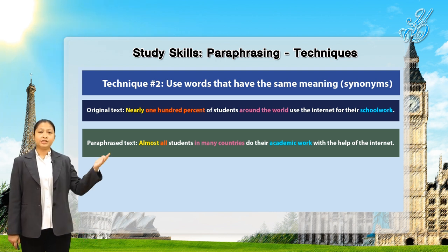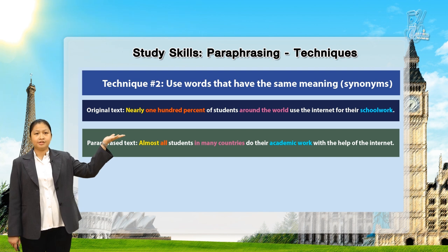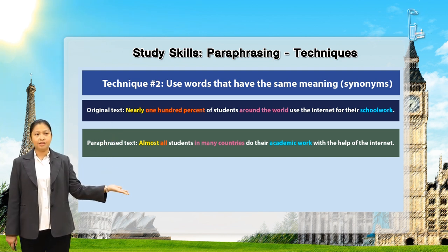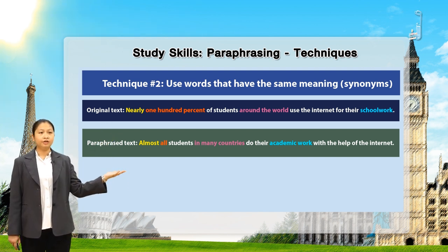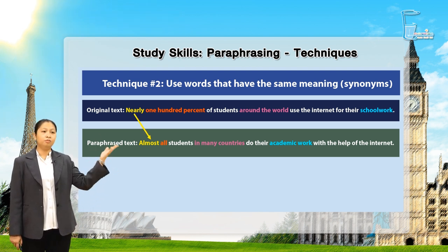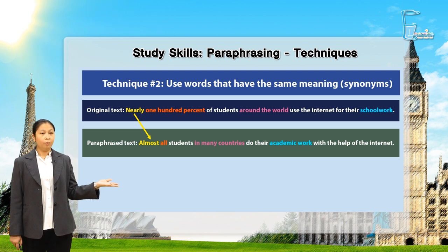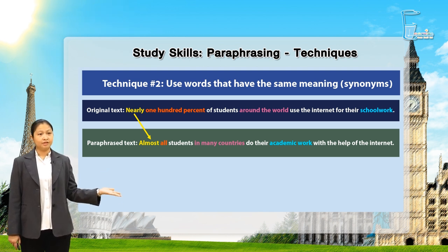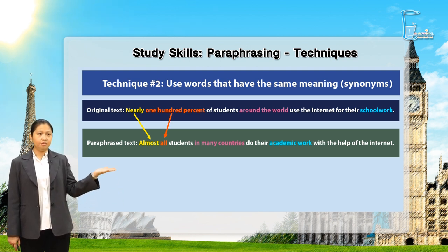What are the words used in the original text that have the same meaning in the paraphrased text? Nearly. Nearly is the synonym of almost. 100%, another word or another meaning for 100% is all.